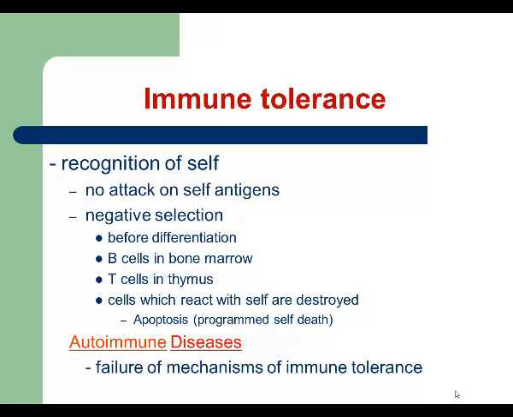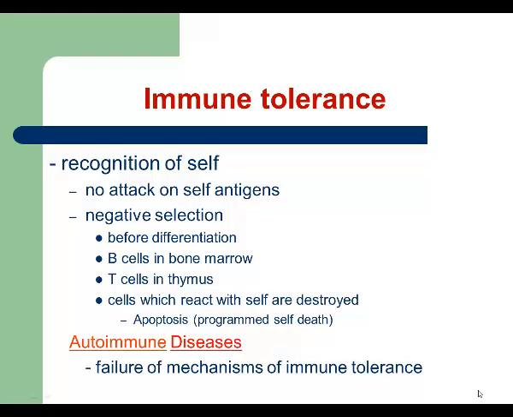We start with the term that we have to know. It is immune tolerance. So what is it, immune tolerance? The immune tolerance is an ability of our immune system to distinguish self antigens from foreign antigens. It means its ability of immune system to recognize itself.